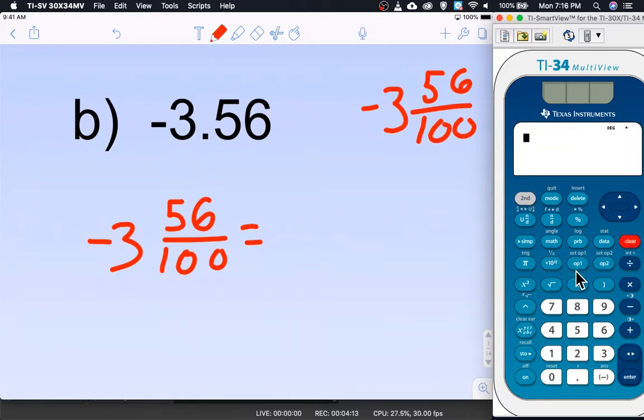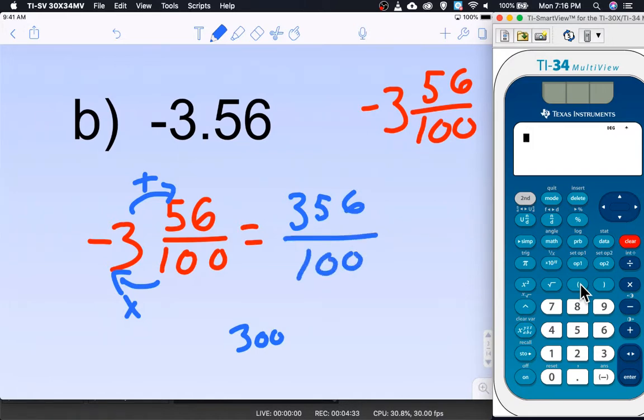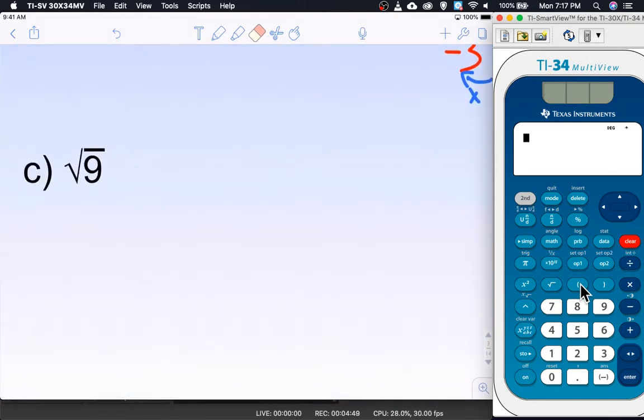So the way you would change this number into an improper fraction is, if you remember from before, you would multiply the denominator by the whole number, which would be 300, and then you add the numerator, so 356. The denominator stays the same, and just don't forget about your negative sign. That's what it would officially be as a fraction. One number over another number. And we can see that it is a rational number because we were able to do it.